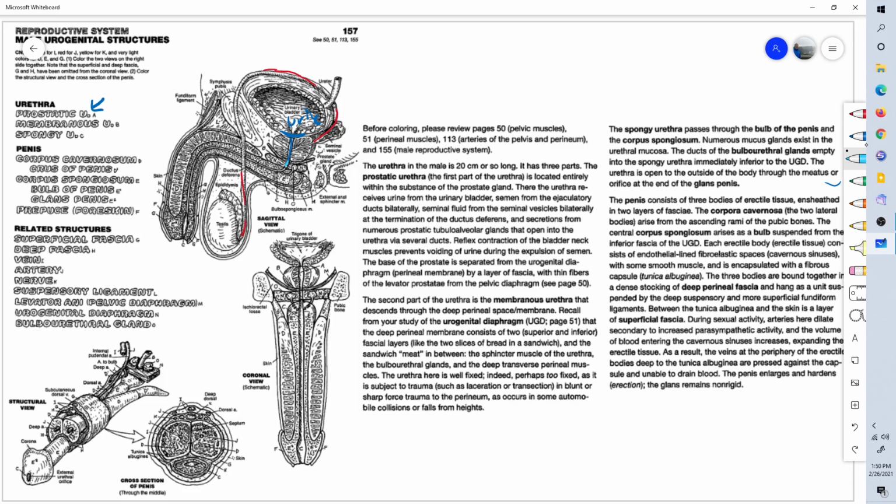It passes through both the pelvic diaphragm and the urogenital diaphragm, which we'll talk about in a moment. Then it is renamed the spongy urethra, as it passes through this area of what is called the corpus spongiosum of the penis.